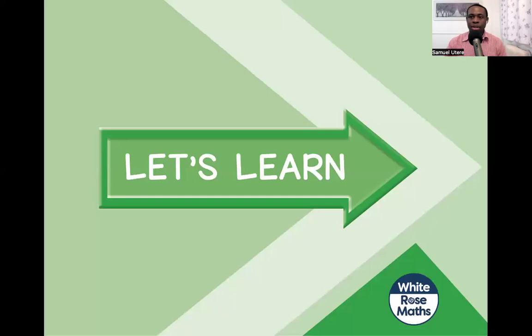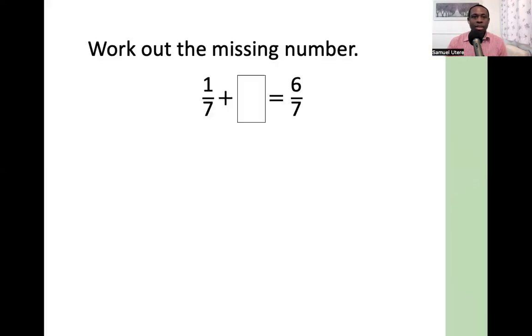Let's do a new learning for this lesson. If I ask you to work out the missing number, what would you say it is? Of course, you would say it is 5/7. Now, before I go any further, I want to give you a glimpse into what we'll be discussing because it will help you understand this much quicker and better.